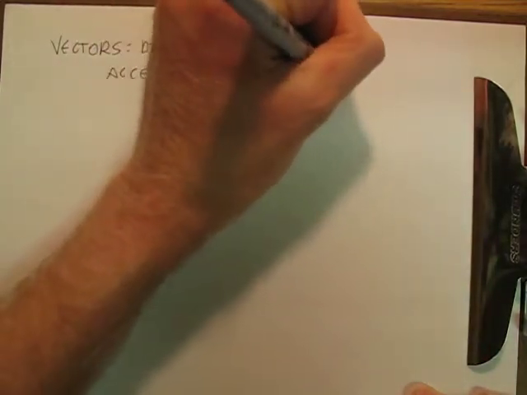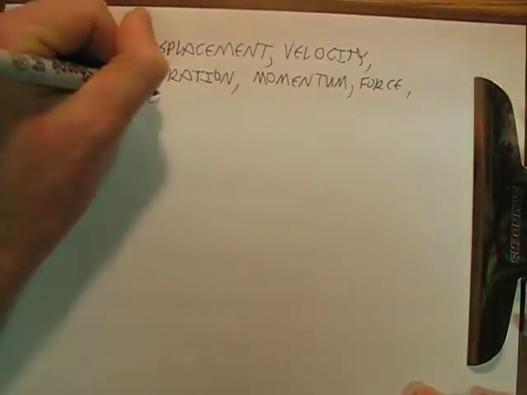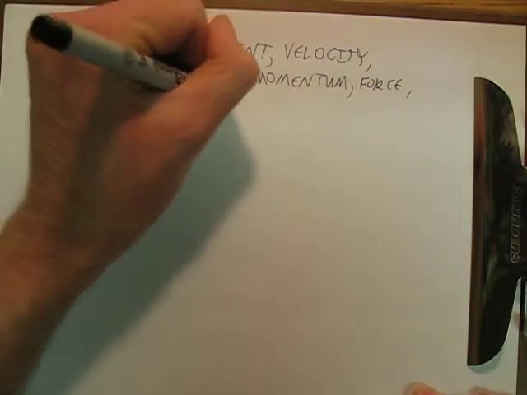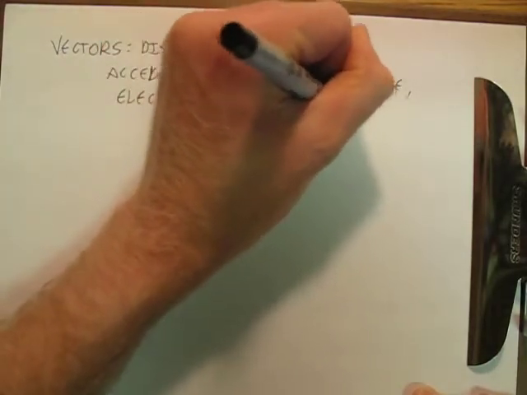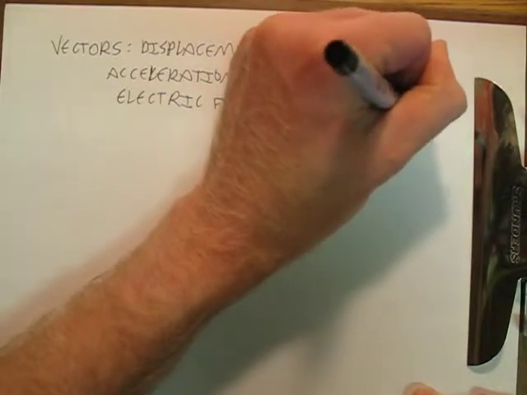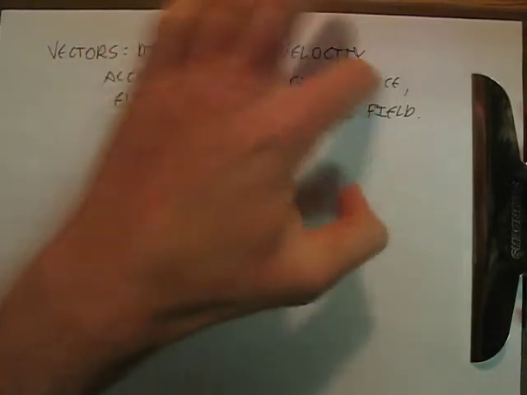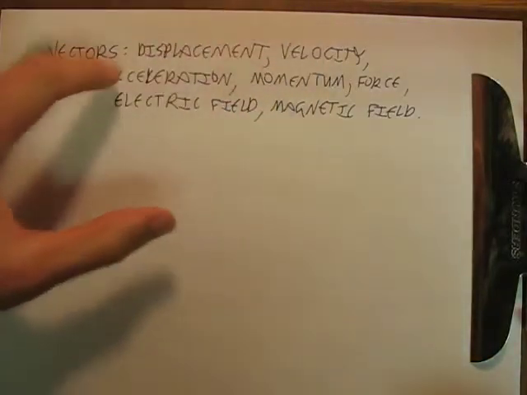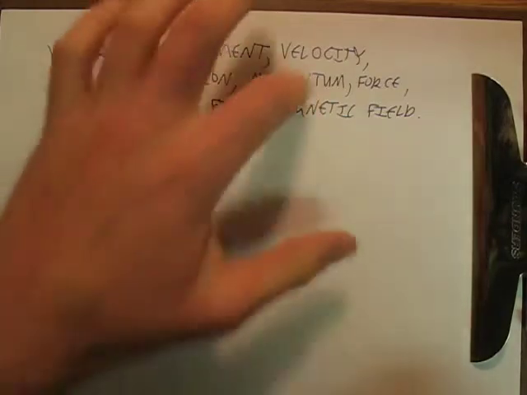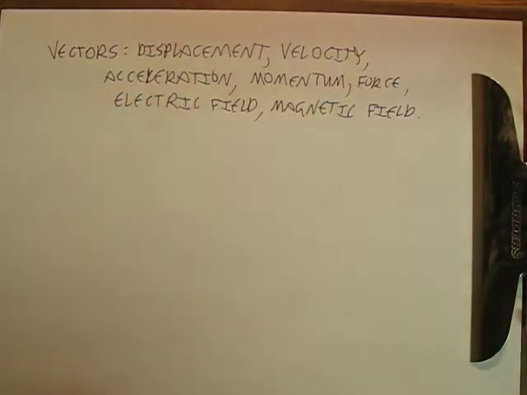Momentum, force, electric field, magnetic field. I could go on with some others, but that's going to give you some idea that there are some things that are not going to be measured in meters and seconds. Displacement, velocity, and acceleration are going to be in meters per second, but momentum, force, electric field, and magnetic field in particular are going to add in other concepts.